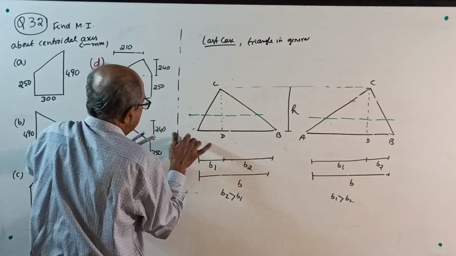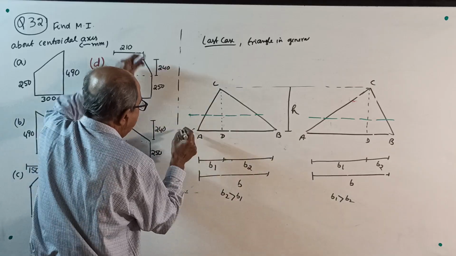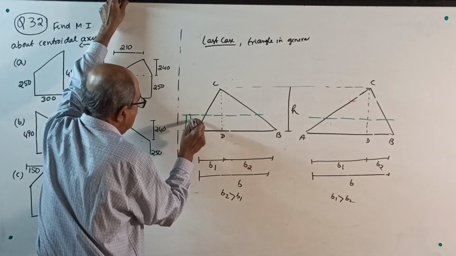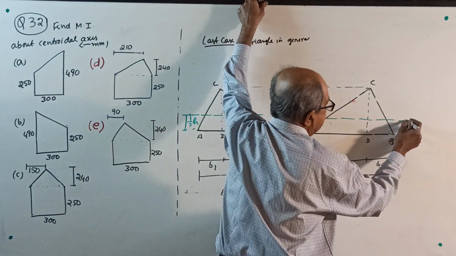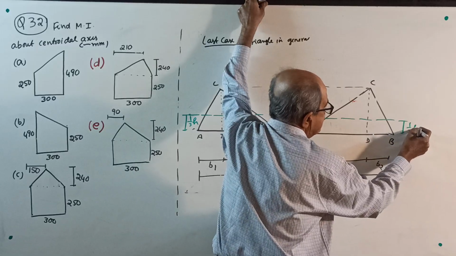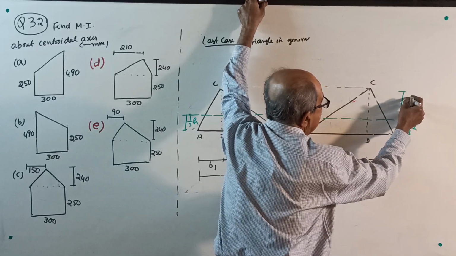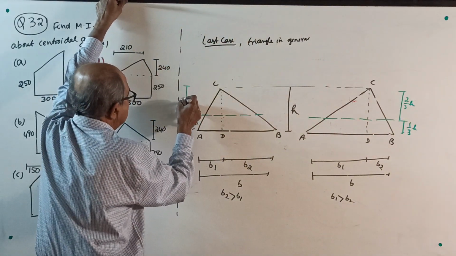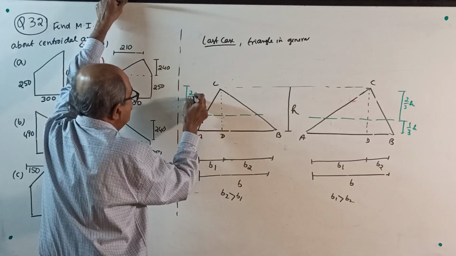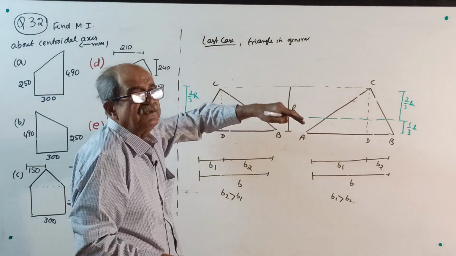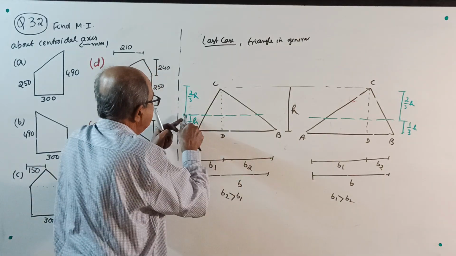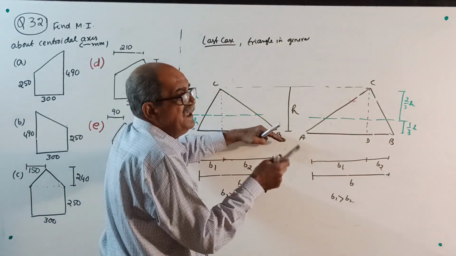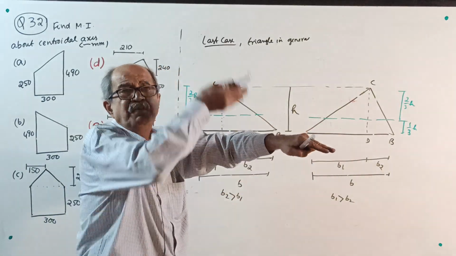I write here, this is A. This is 1/3 of H. This is also the same, 1/3 of H. From here, it is 2/3 of H. So parallel to the base, to locate the centroidal axis, there is no problem, because parallel to the base means measurement along the height.